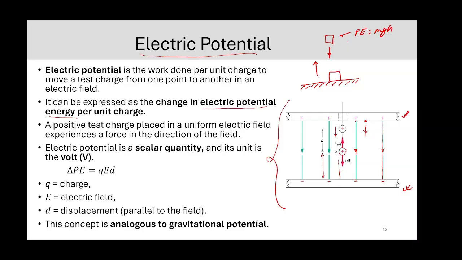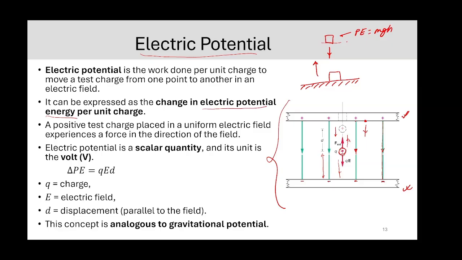And instead of leaving it naturally, if we were to pull this charge toward the positive plate, we have to do some extra work, meaning we have to apply some external force, similar to moving an object against gravity. We have to apply some amount of force in order to move this positive charge against the electric field.